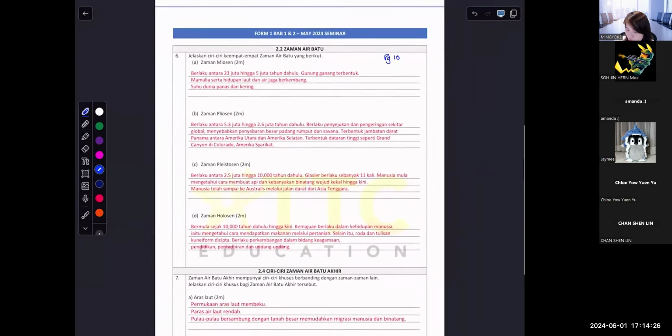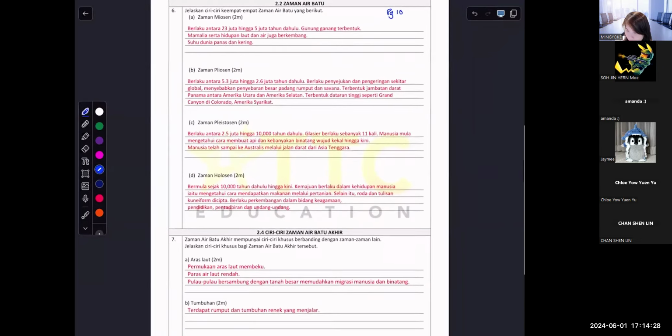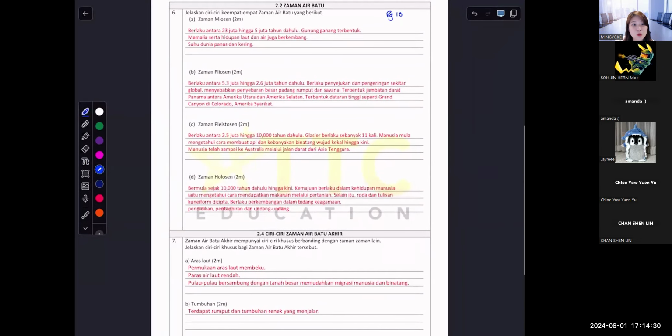Okay. This one, you just screenshot the answer. You just need to remember how. If it's structure, kepala soalan, penanda wacana, answer, answer, answer, answer. One sentence, one answer, one full stop. 1 mark. Okay.